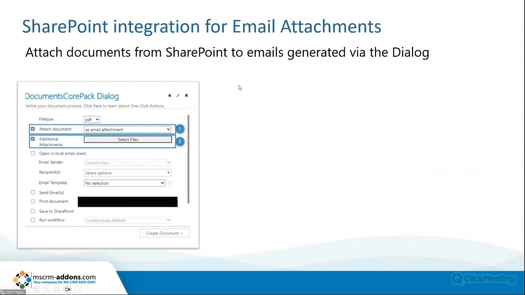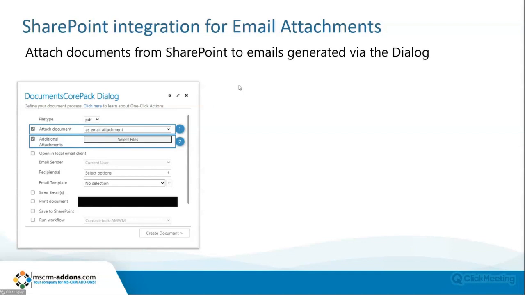The next piece that we're going to talk about, a new piece for the dialogue, is SharePoint integration for email attachments. This allows you to attach documents from SharePoint to emails generated with the dialogue. How is this important? What we found is usually people want to create a document and attach that to an email, but then they also want to include things like terms and conditions, price sheets, or flyers for different products and things of that nature.